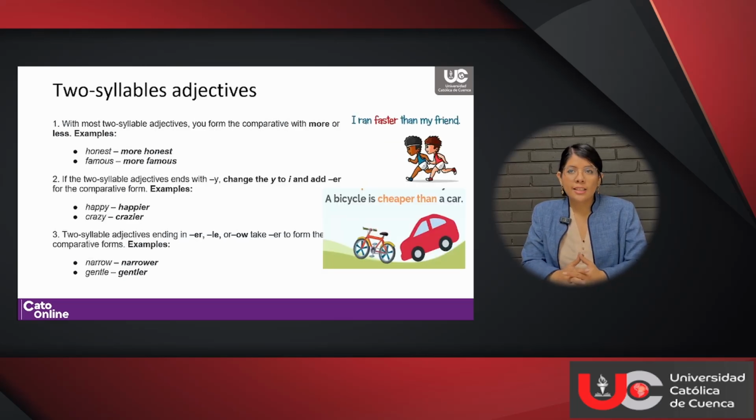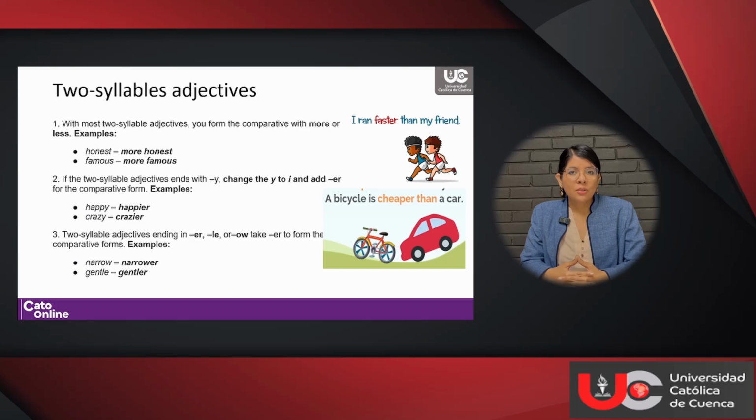For two-syllable adjectives, with most of them you form the comparative with more or less. Remember that more indicates a higher quantity, and less indicates a lower quantity or quality. For example, more honest or more famous. However, if the two-syllable adjective ends with a y, you need to change the y to i and add er.